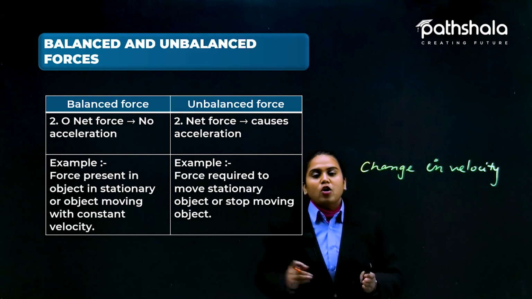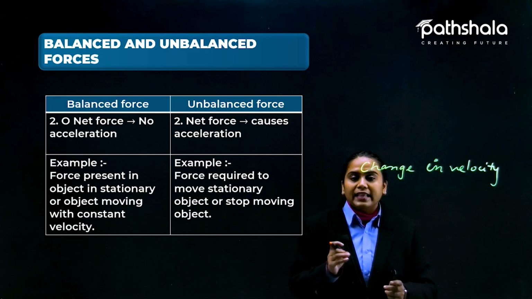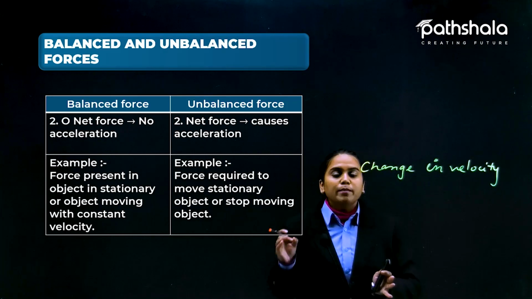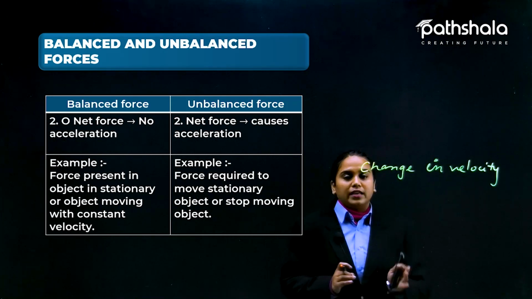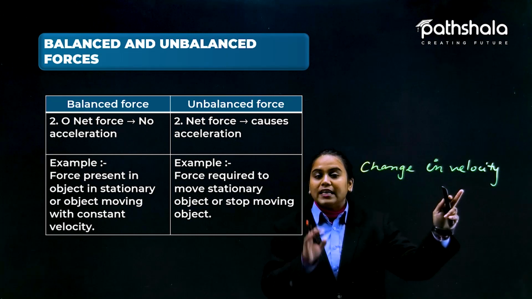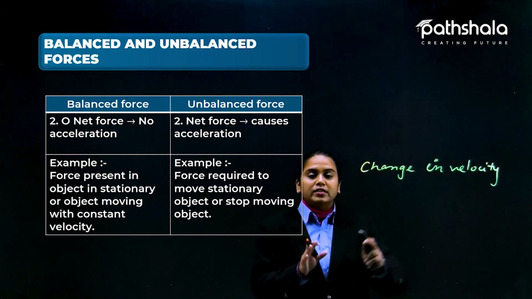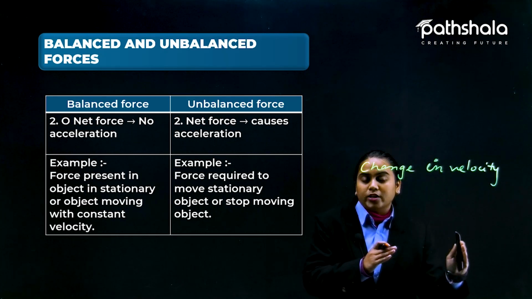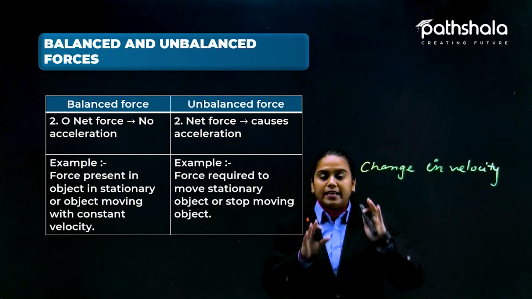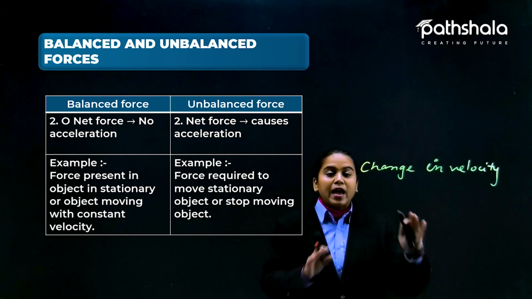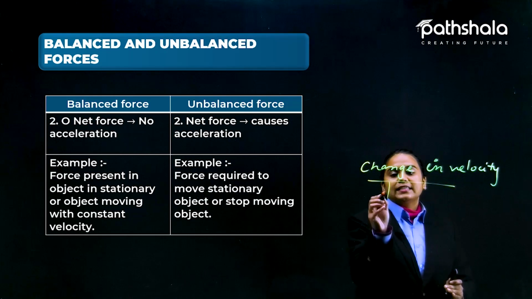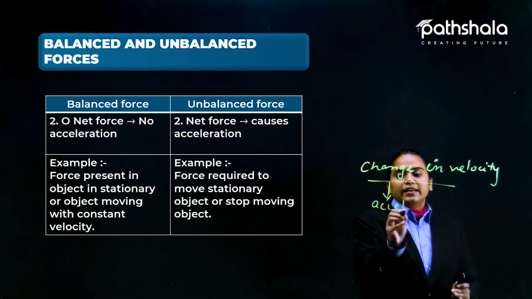The example also clarified that an object that is stationary or moving with constant velocity, with the same pace and in the same direction, has no change in velocity. And if there is a change in velocity, then it is acceleration.